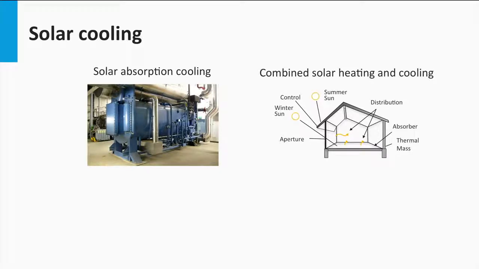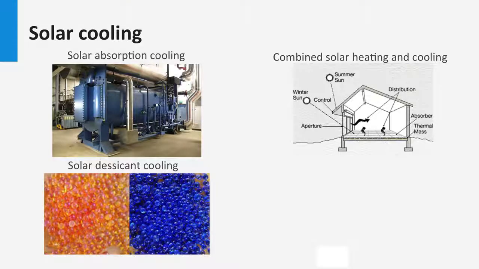Another operation is to use combined solar heating and cooling, in which the air conditioning will be done in conjunction with heating, with the same collector, storage and auxiliary energy system serving both functions. Another interesting approach is the solar desiccant cooling, in which the system takes outside air, dehumidifies it with a desiccant, cools it in a heat exchanger and uses it.